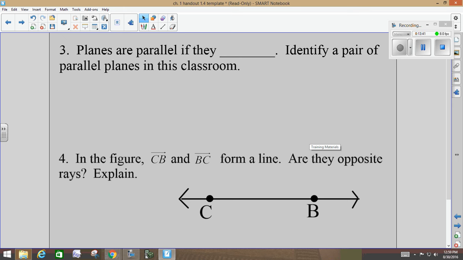Zach, planes are parallel if they what? Good. Write it down. On your own, identify a pair of parallel planes in the classroom. Remember, planes are flat surfaces.